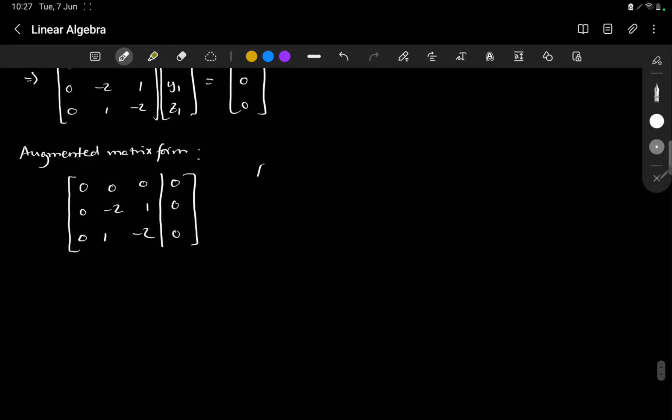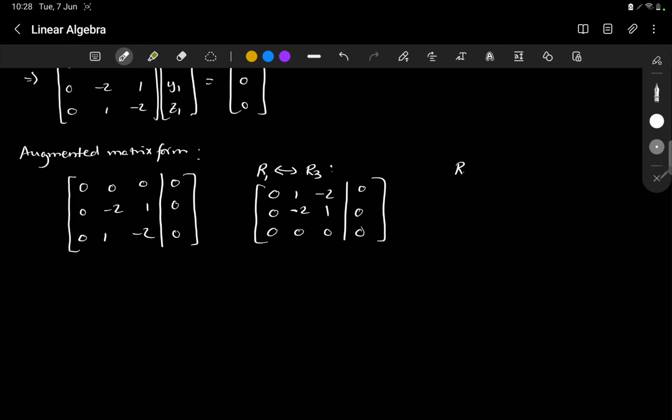We need to solve for the variable matrix by using row operations. So the first row operation that we'll apply is R1 being interchanged with R3. This is the first operation. Then we will use this operation.